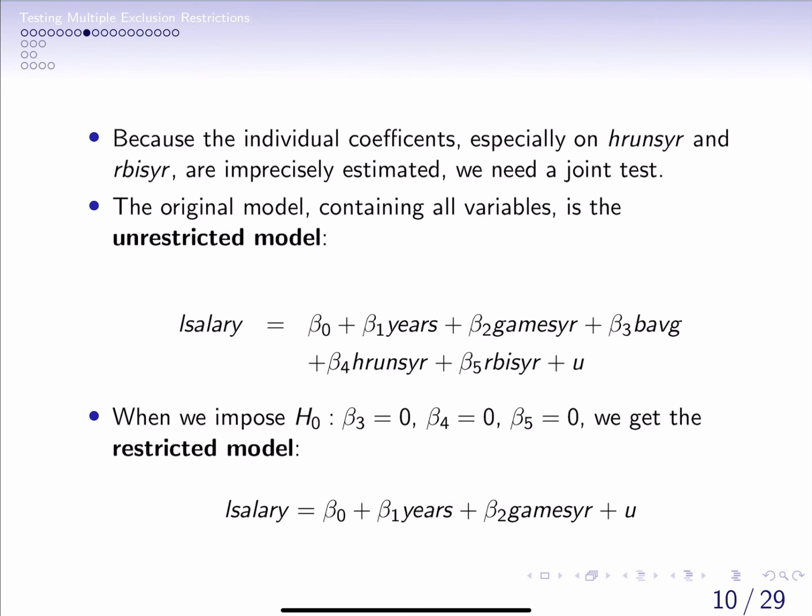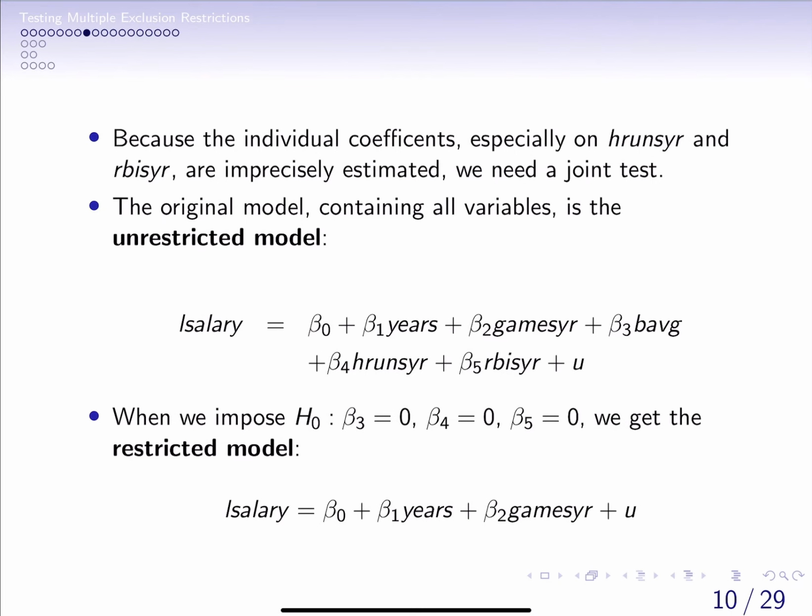The other model we want to talk about is called the restricted model, and the restricted model is going to exclude, remember the exclusion restrictions we talked about in just a few slides earlier, these three variables. And we will write out our model, which is a restricted model now, just with these two independent variables.